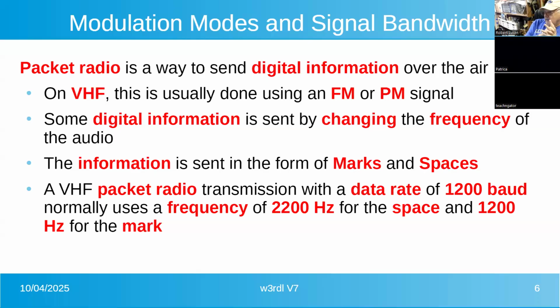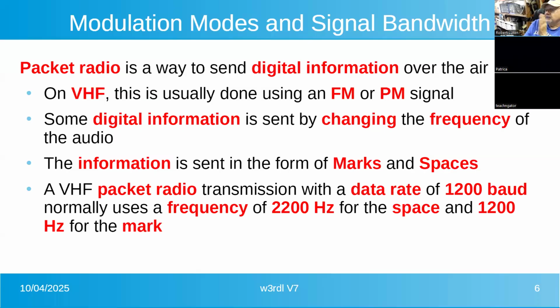And usually it uses a binary frequency modulation, where you represent what we call a mark and a space. It's like a 1 and a 0. At 2200 hertz for the space and 1200 for the mark.